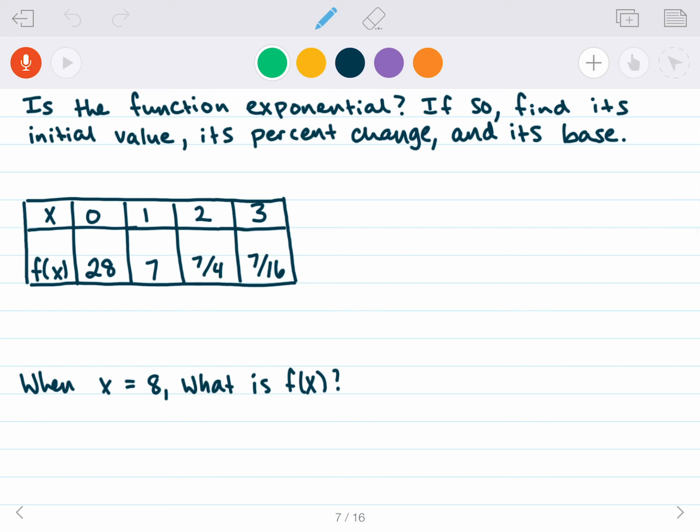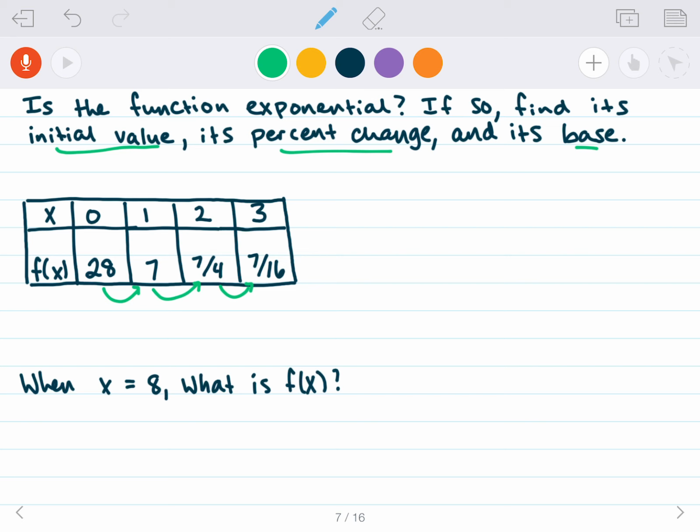Okay, is the function exponential? If so, find its initial value, its percent change, and its base. So we can do all of those things, no problem. Now let's take a look at our table. What's cool is these guys are all going up by 1, so we can use our multiplier trick to see if it's exponential. So I take the successive ratios between all of the terms.